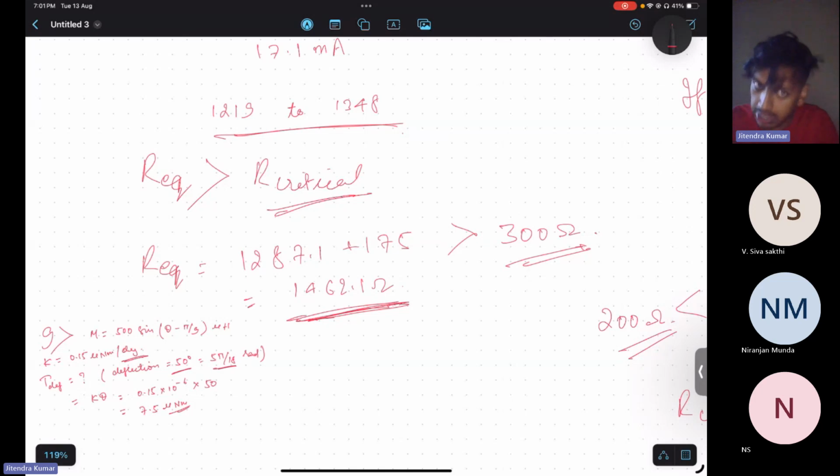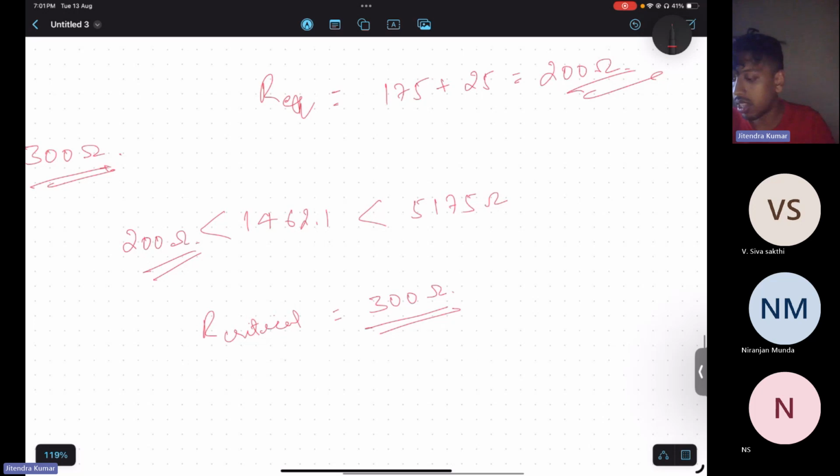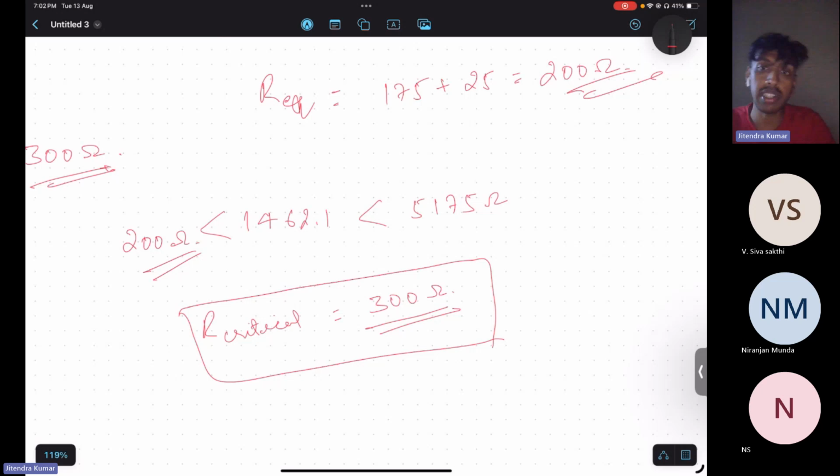No matter what external resistance is, critical resistance is not going to change. Are you getting my point? For this voltmeter, 1462.1 is always higher than 300 ohm, so that is why it will exhibit only underdamped oscillation.